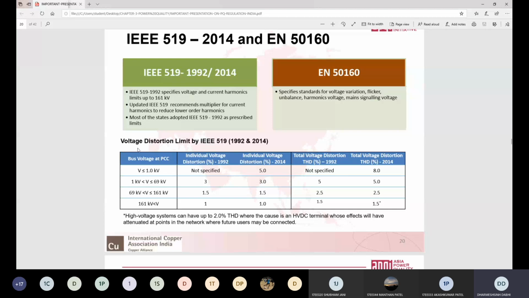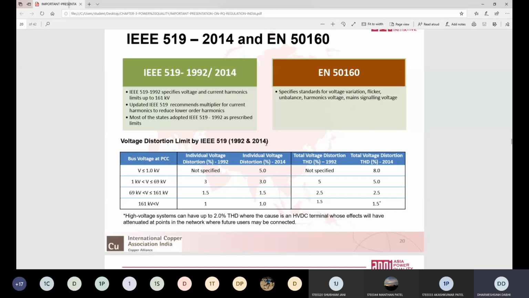In yesterday's lecture we discussed the voltage standards for IEEE 519. You can know how much voltage variation is allowed as per these standards. You can see the IEEE 519 standards 1992 and 2014. This standard was first made in 1992.